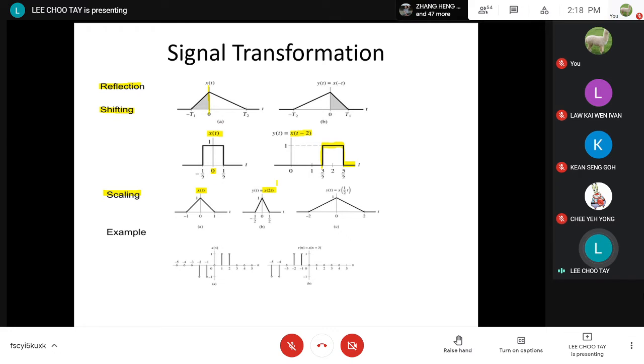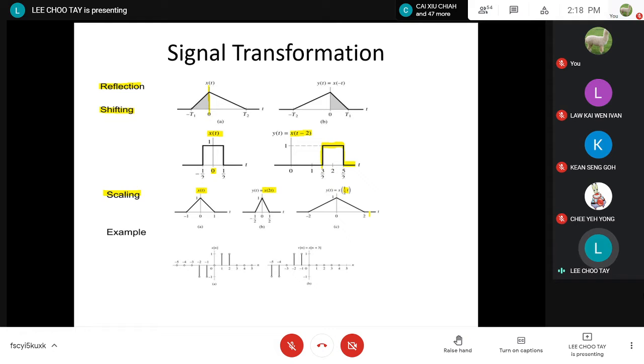So if we multiply t by a number greater than 1, you compress the signal. If you want to expand it, in this case it's called expansion, we multiply the time by a value less than 1, and then you stretch or expand the signal itself. So this is scaling.